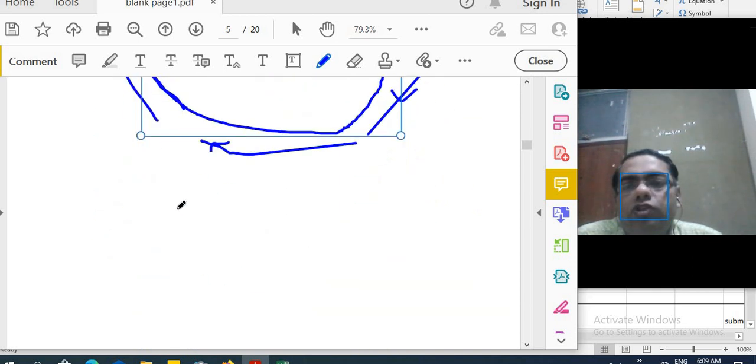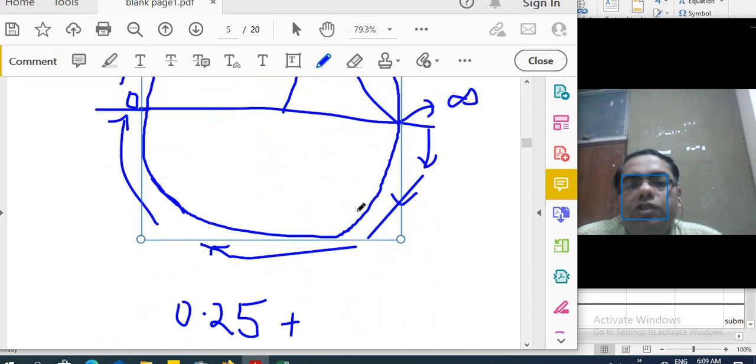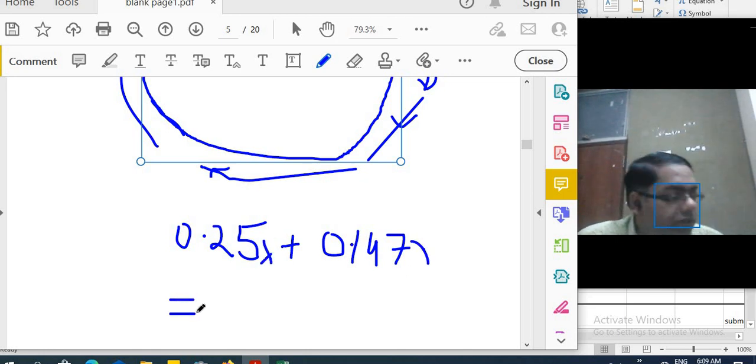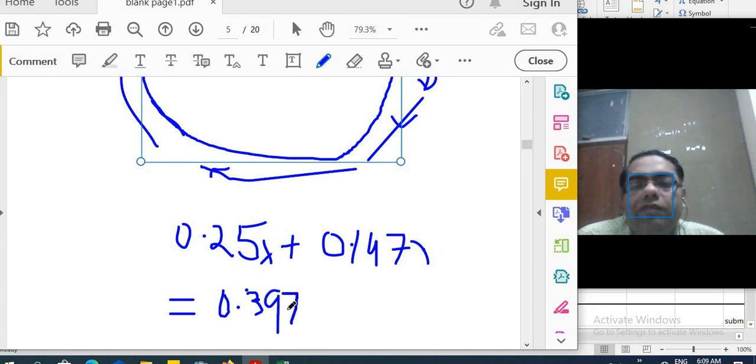So 0.25 plus 0.147 lambda comes to 0.397 lambda. In terms of wavelength, this should be the length of the stub. So this is one solution.